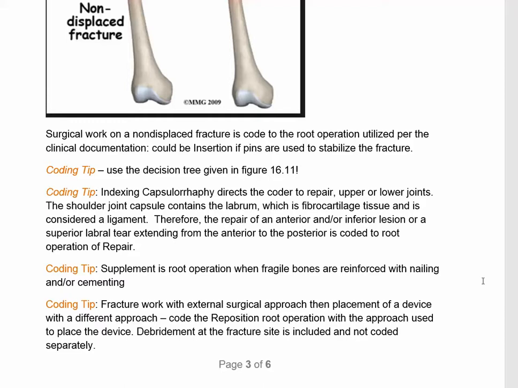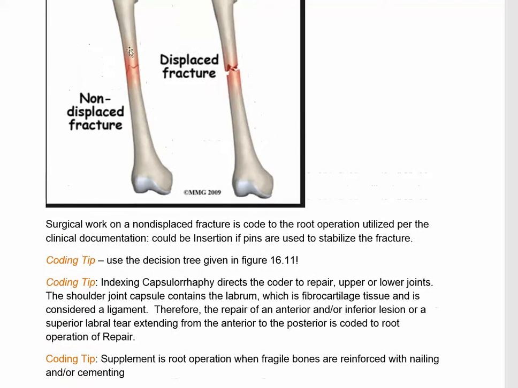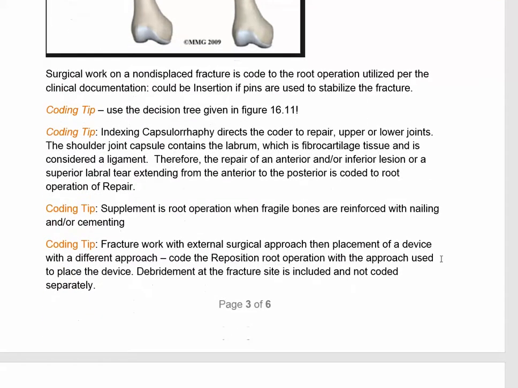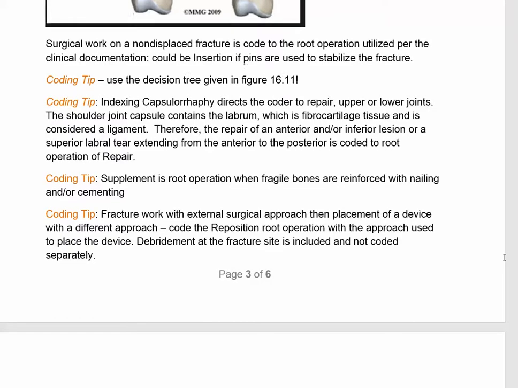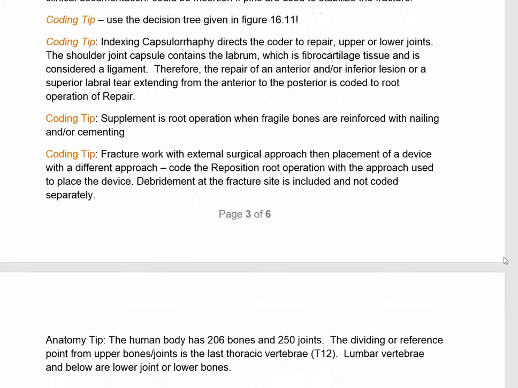If we have a fracture that is reduced, like a non-displaced fracture, that does not require any type of surgical intervention to get the fractured pieces in alignment, but then they go in and they put in a pin, we might want to code reposition again.